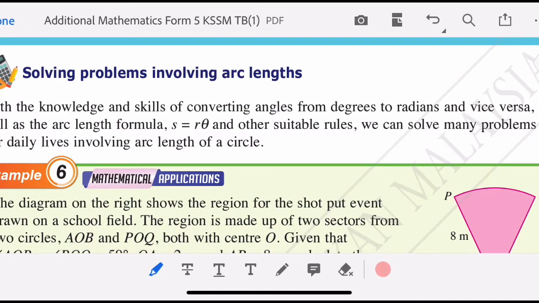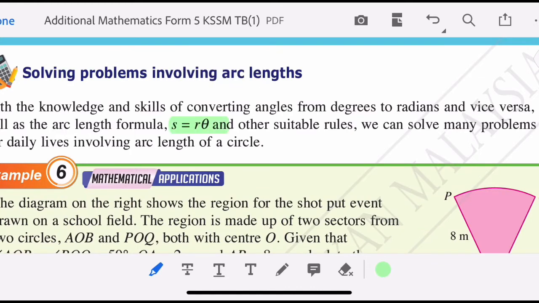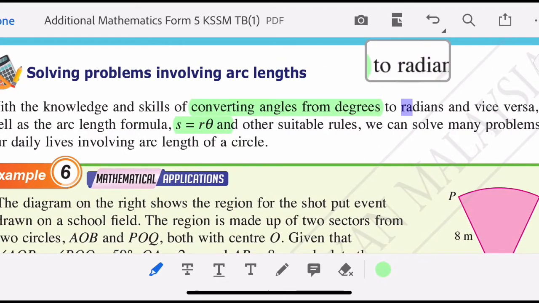For circular measure, you have learned the very basic formula, S equal to R theta, right? And you also know how to do conversion, the angle degrees to radian, and then radian to degrees, right?